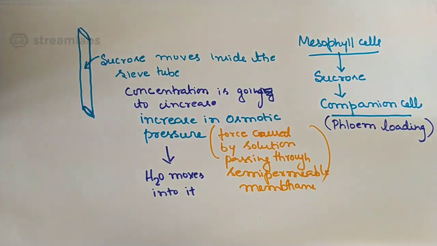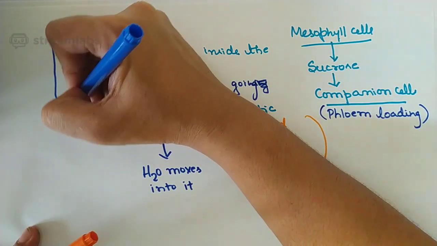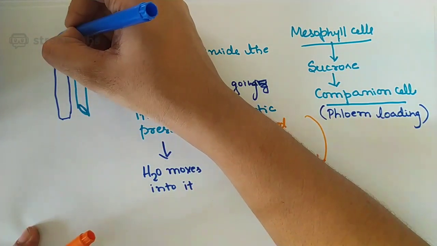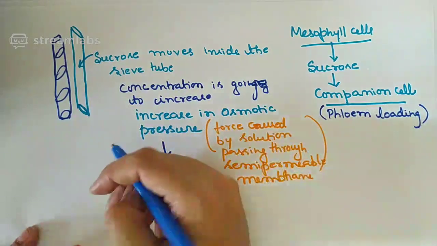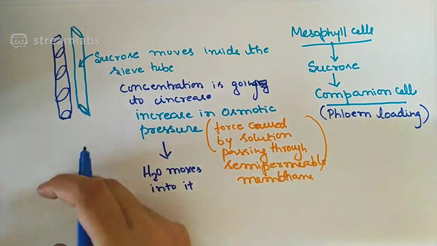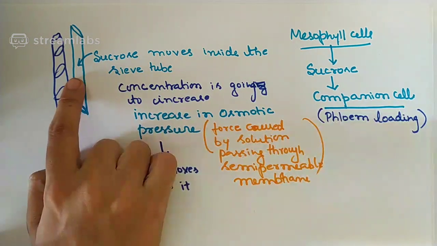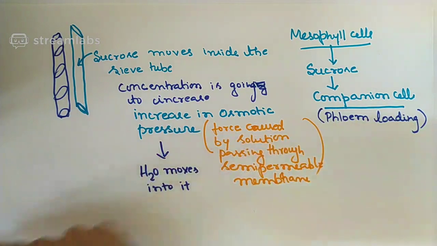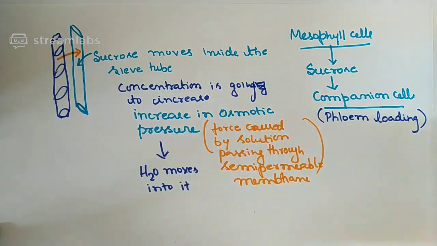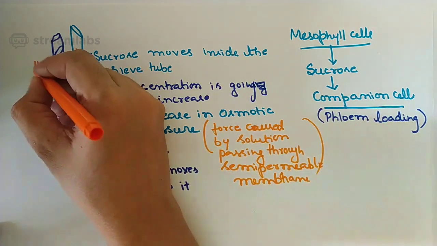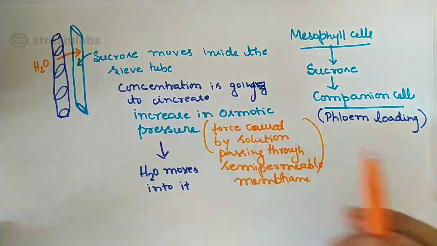Here there is xylem. What is this xylem doing, students? It is conducting water. Now what happened? Here the sugar level has increased. When the sugar level or osmotic pressure increases, it draws water from the xylem. Water from the xylem enters into the sieve tube.